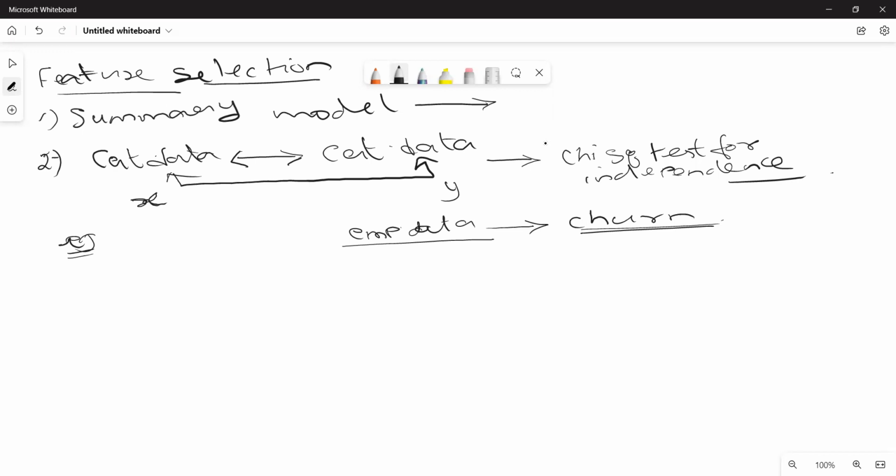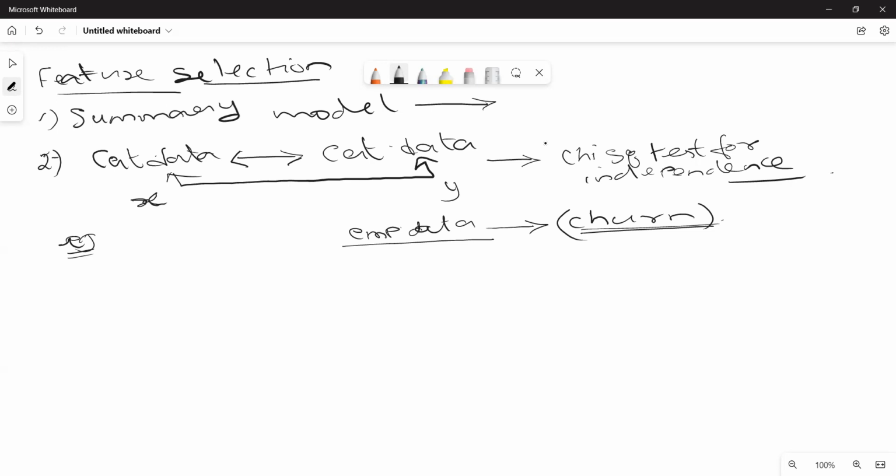Employee churn, you all know, is the leaving of an employee from an organization and joining another organization. So churning is actually a big problem with companies. They want to retain as many employees as possible, but there are factors that cause an employee to resign and join another company or for whatever other reasons.